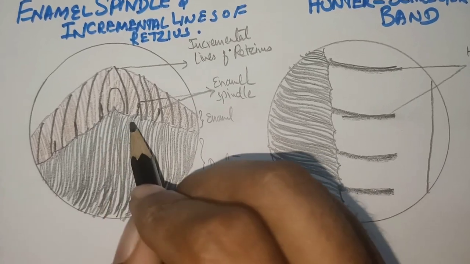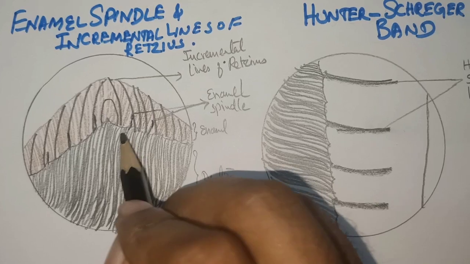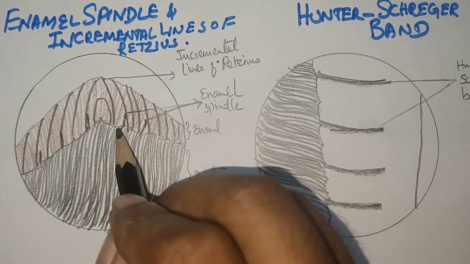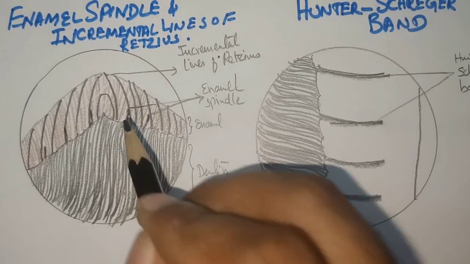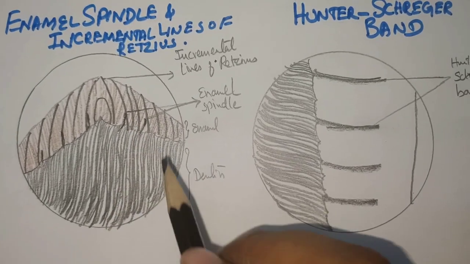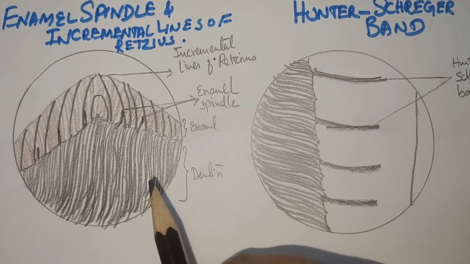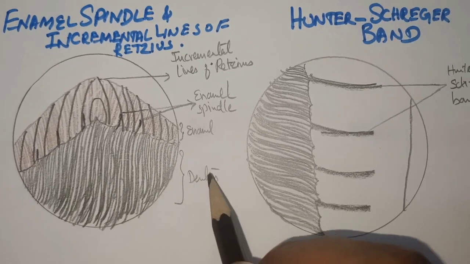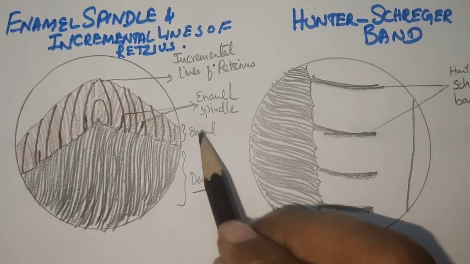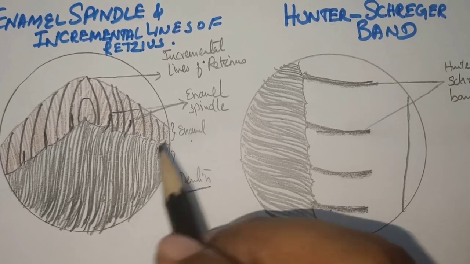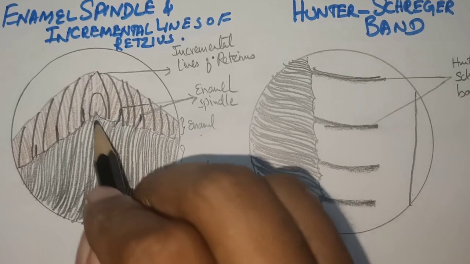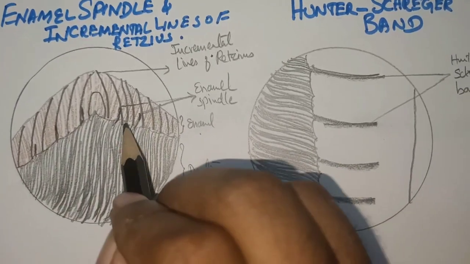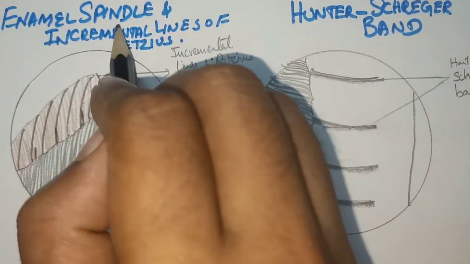It's the extension of these dentinal tubules with the odontoblast into the enamel surface, because during amelogenesis and dentinogenesis, the first layer of dentin has to form before the enamel formation takes place. So these tubules get entrapped within the newly formed enamel, and that extension is called enamel spindle.